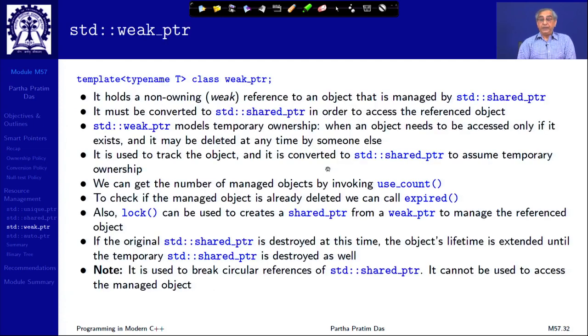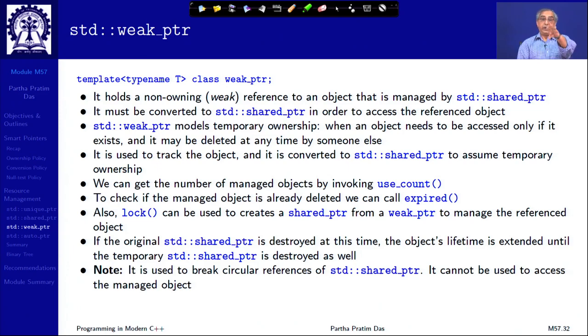Coming to the weak pointer, weak pointers do not exist by themselves. A weak pointer is a non-owning reference, an observation reference. So, they can observe objects managed by other shared pointers, right. The weak pointer directly cannot access the object.